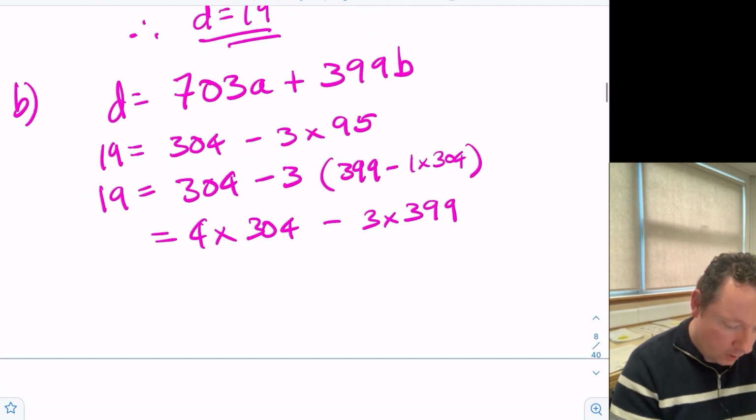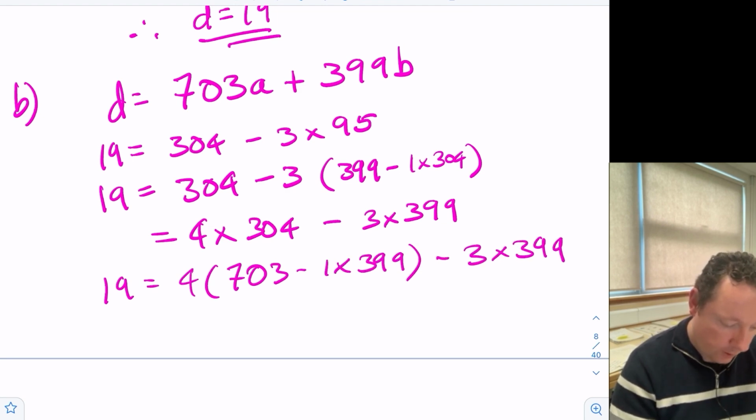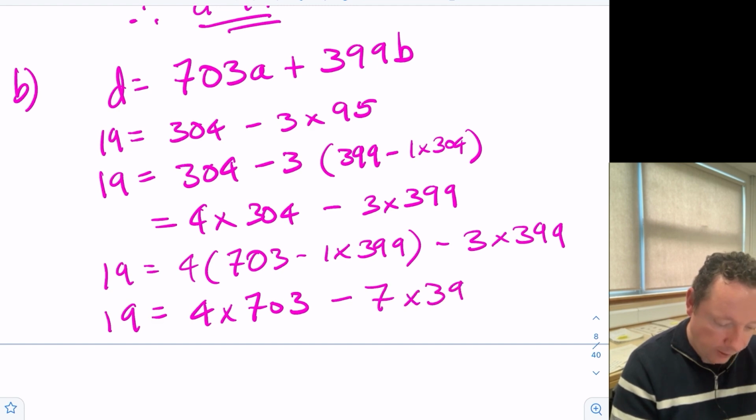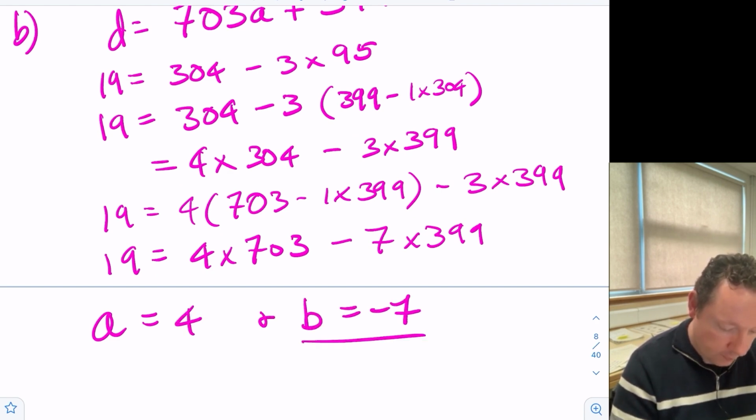So that means that 19 equals 4 times 703 minus 1 times 399, and we've got minus 3 times 399 still. So 19 equals 4 times 703, minus 4 399s minus 3 399s is minus 7 times 399. So a is equal to 4 and b is equal to minus 7.